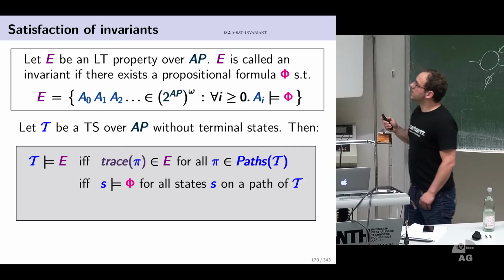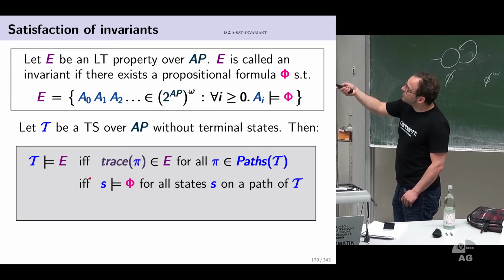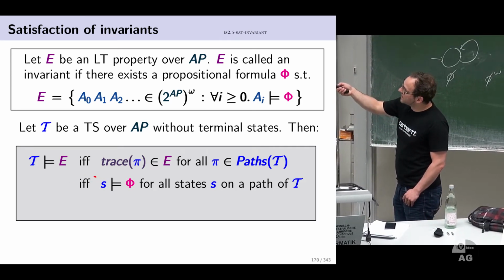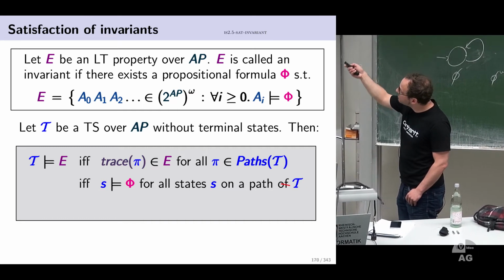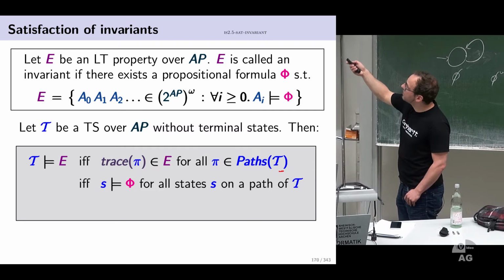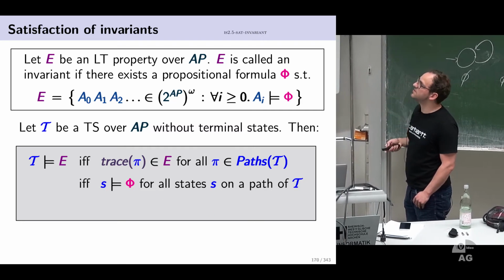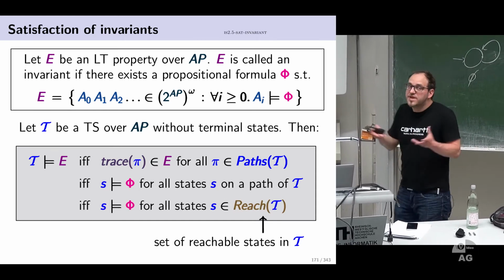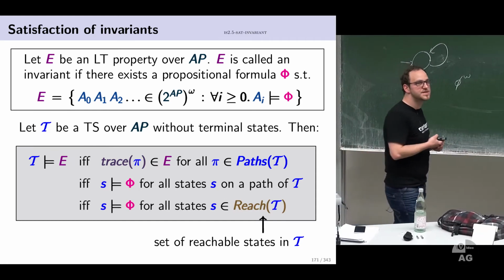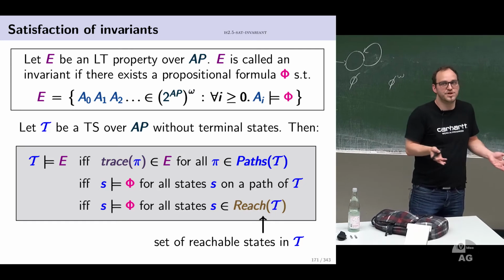Well, then for invariants, you can reformulate it such that any state that appears along any path of the transition system T needs to satisfy the invariant condition. And what states appear on any path in the transition system? Well, it's exactly the set of reachable states.